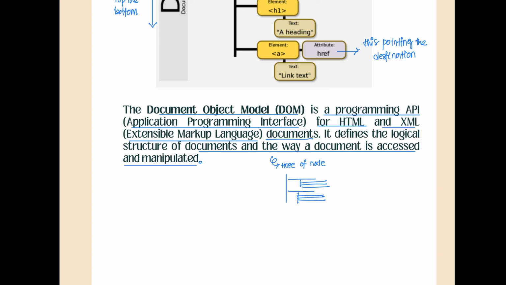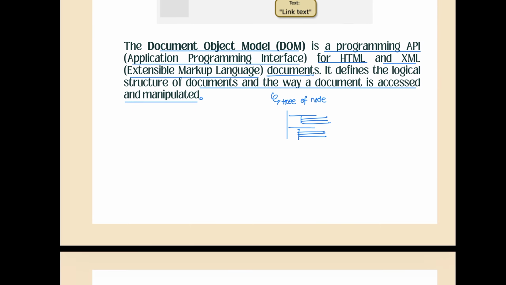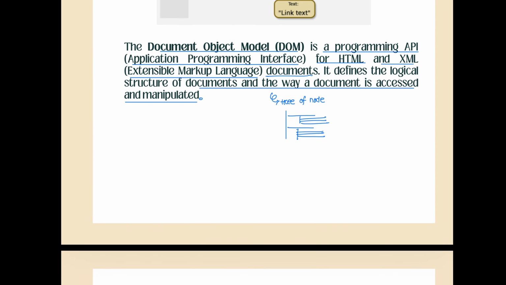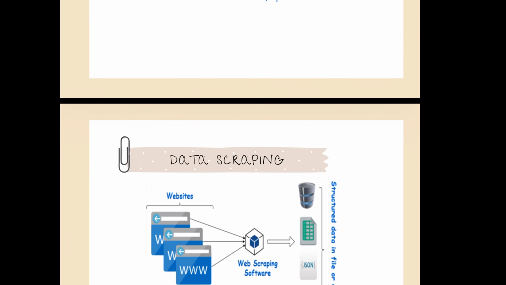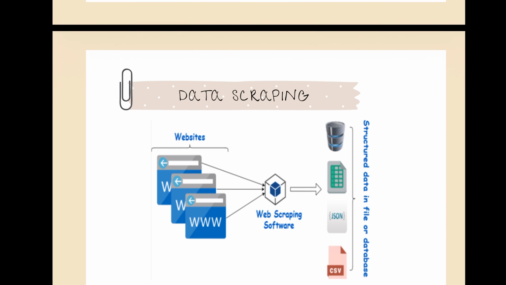This is the work of the document object model. It tells the way to access the code and manipulate it.